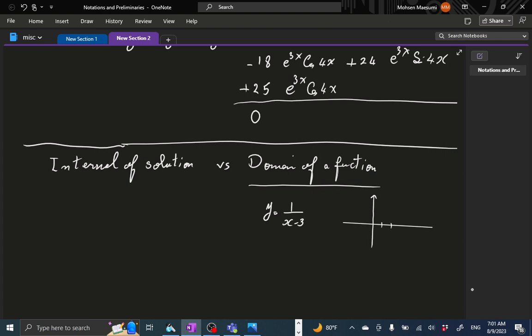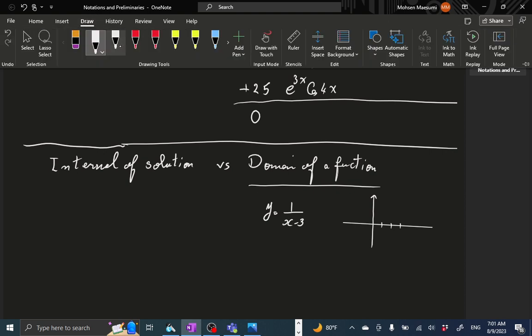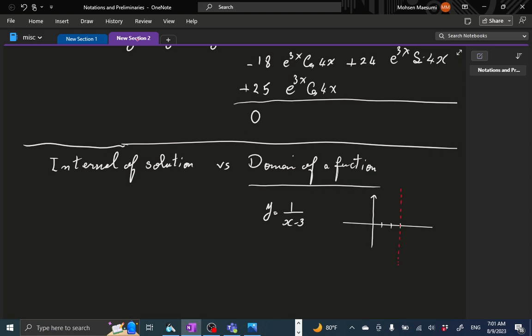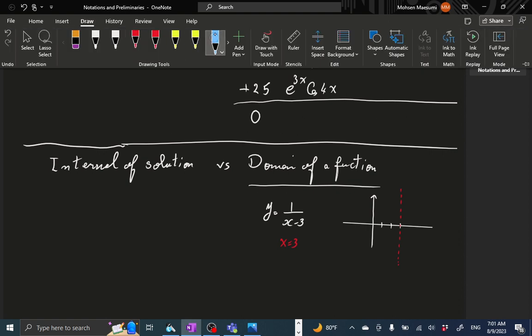We know at that point we have a so-called vertical asymptote. Is that right? We need to know these things. We have a vertical asymptote at x equal to 3. What does it do? It splits your function into two pieces.